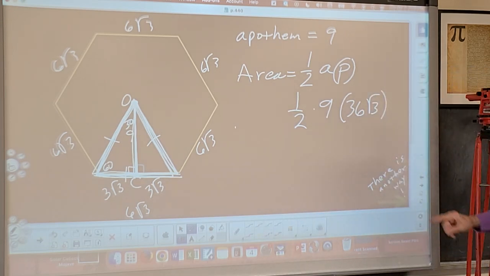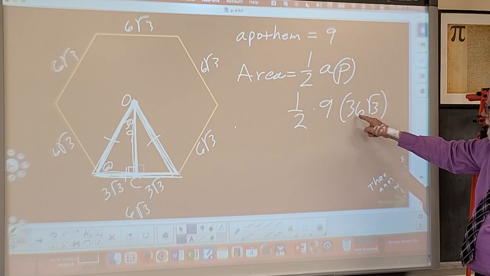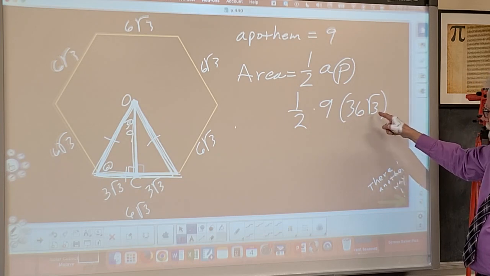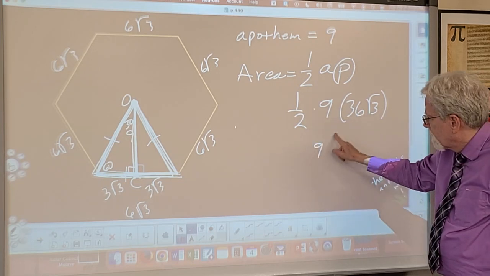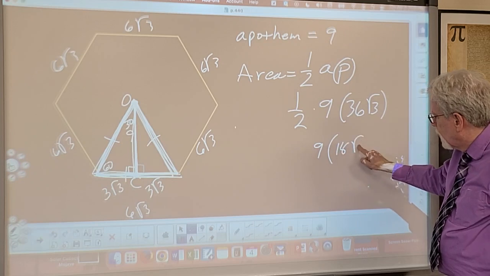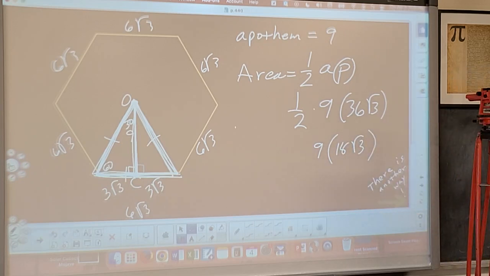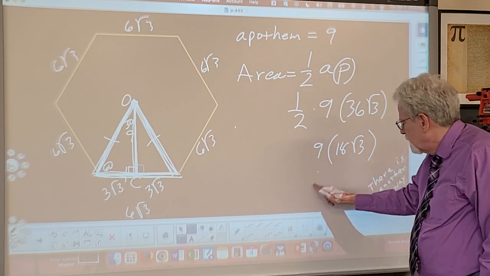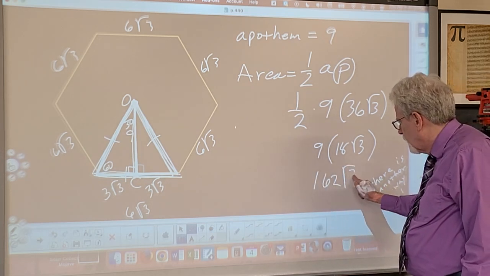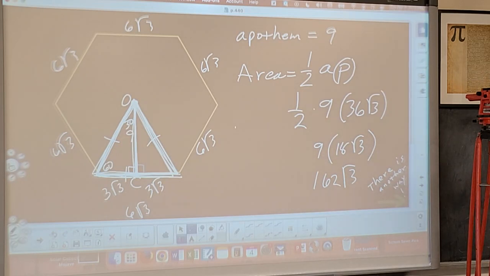So I think what I would do is take half of 36. That's going to be 18 square root of 3. And then we have 9 times 18 square root of 3. And what in the world is 9 times 18? That's going to be 90 plus 72. That's going to be 162, right? I believe it's 162 square root of 3, and we're done. 90 plus another 72. Yep, 162 square root of 3.